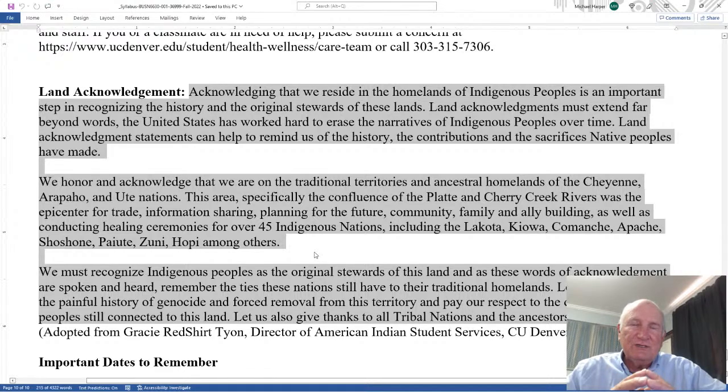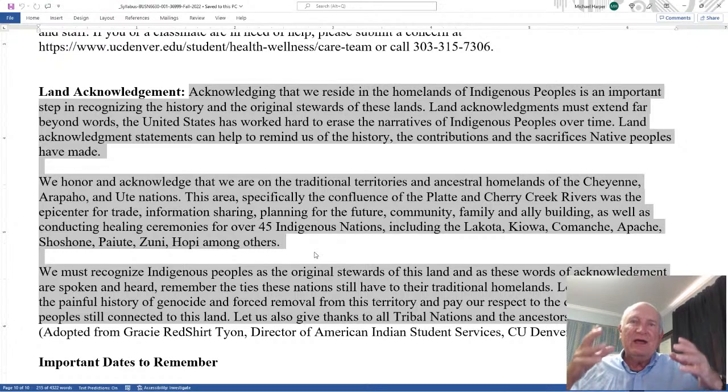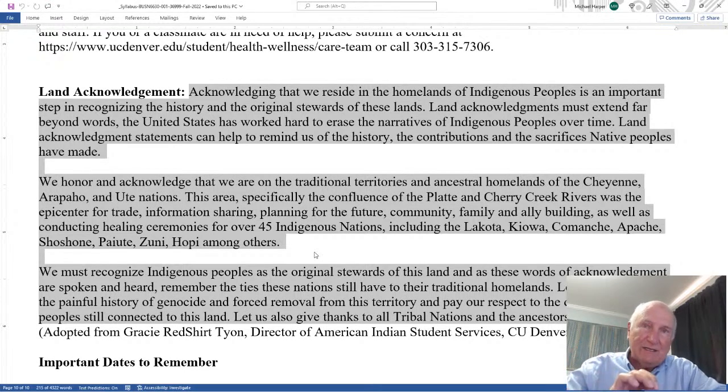Native Americans, indigenous people, indigenous nations, they were here, but also they have a culture that was here before other cultures came in. Respect all cultures, beginning with the indigenous people's culture. Again, respect, respect, respect. Respect other cultures and respect the Native American cultures.